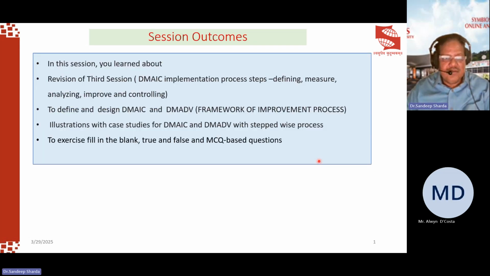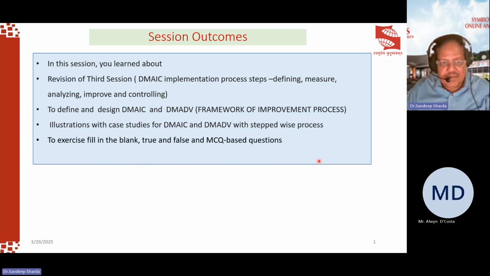So with this, our session outcome of the third session: the DMAIC implementation process steps, defining, measure, analyze, improve and control that we have discussed. And there is a difference between DMAIC and DMADV, the frameworks of the improvement process that we have discussed.